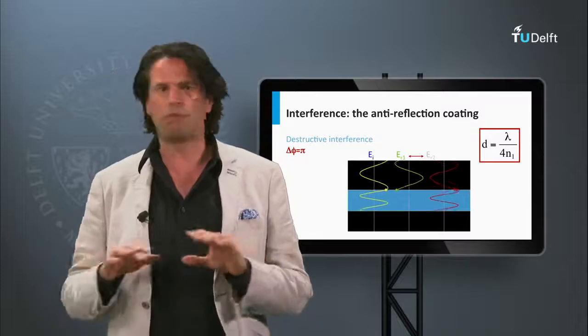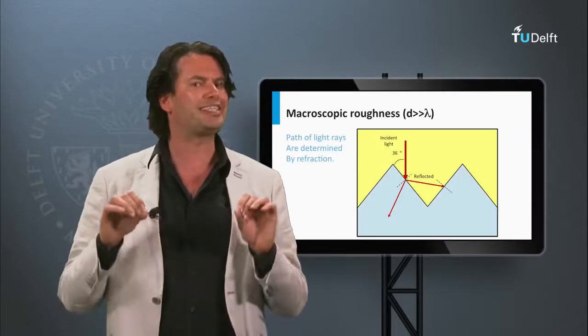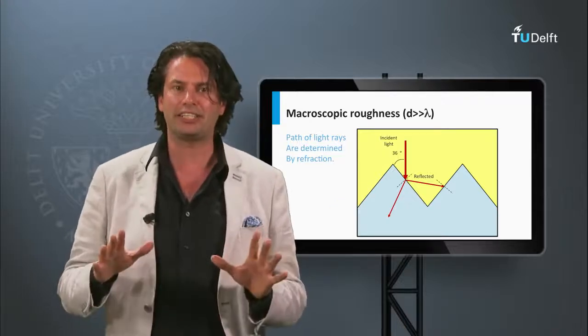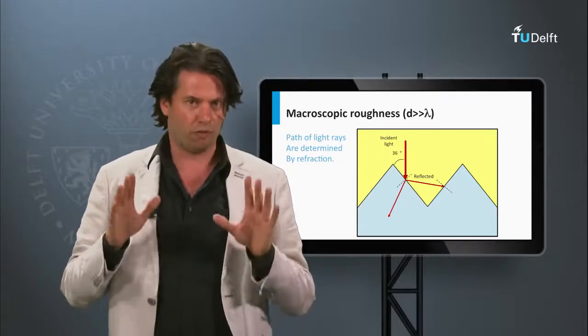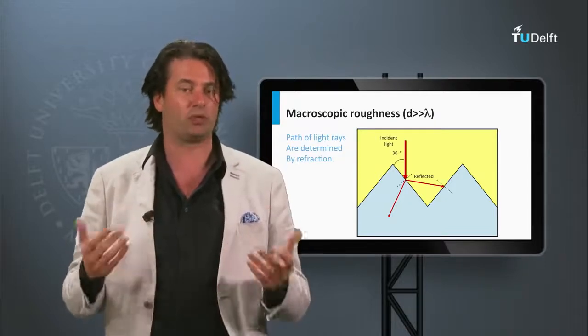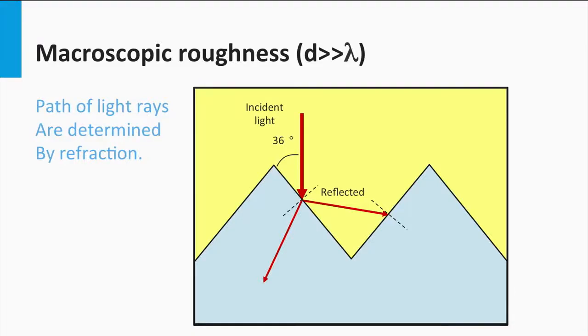A last and completely different approach for anti-reflection is using textured interfaces. The length scale of the textured features is larger than the typical wavelength of light. The reflection and transmission of the light rays are determined by the Fresnel equations and Snell's law. The texturing helps to enhance the coupling of light into the layer. For example, for light that is perpendicularly incident, light that is reflected at the textured surface can be reflected at angles in which the trajectory of the light ray is incident somewhere else on the interface.